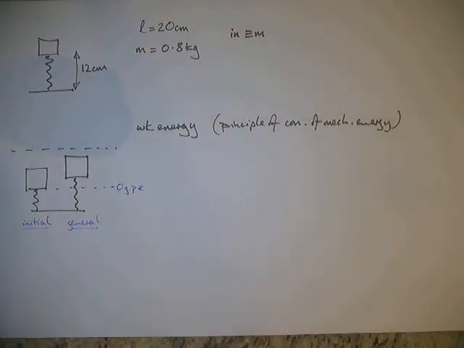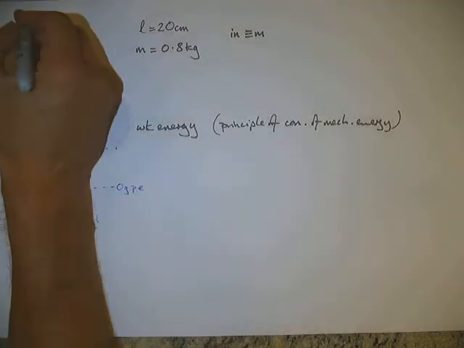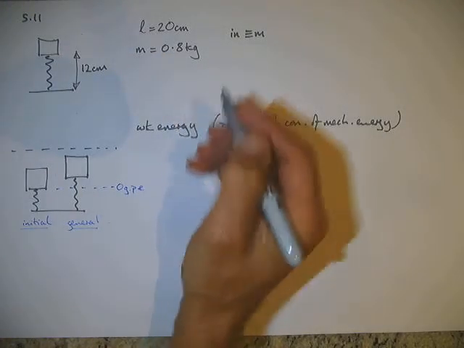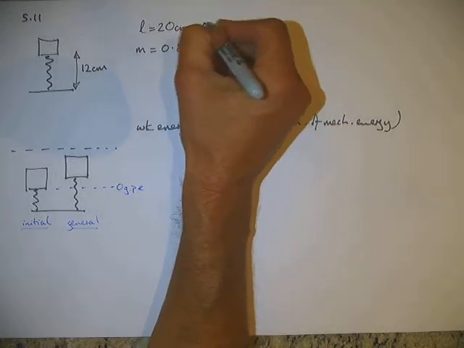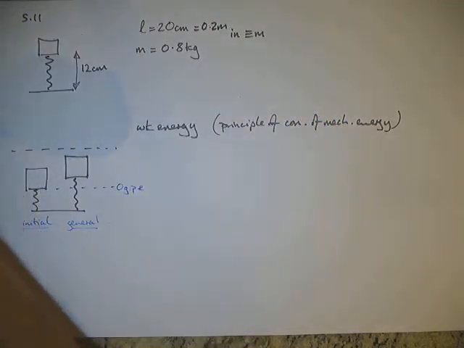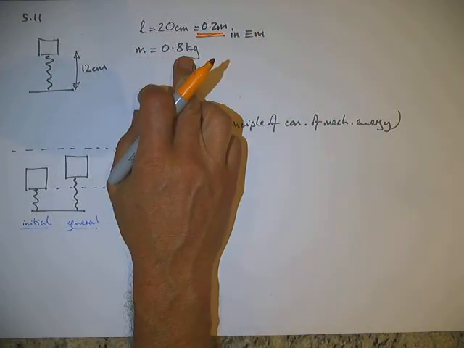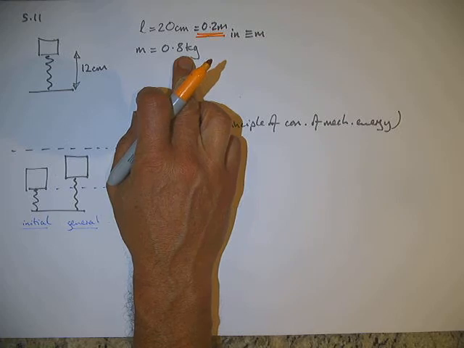The other one I wanted to do was this one here, light elastic spring. So this is 5.11, natural length 20 centimeters, 0.2 meters. We're not falling for that trick. The mass is 0.8 kilograms, rests on top of the spring, which is in equilibrium.